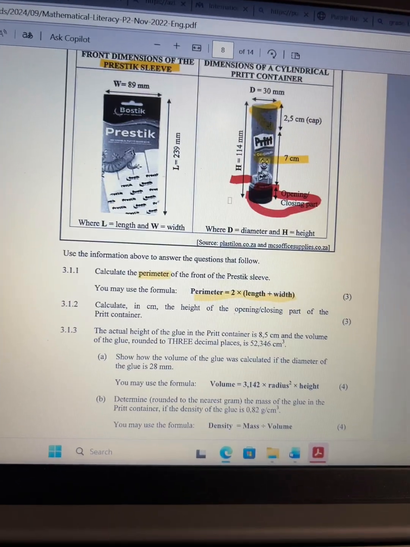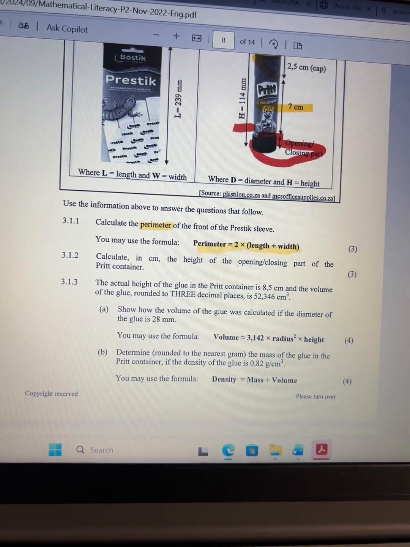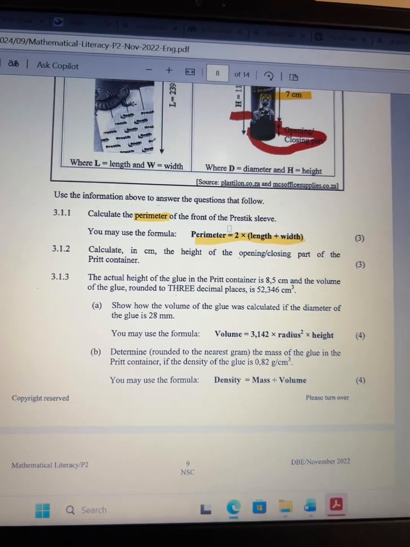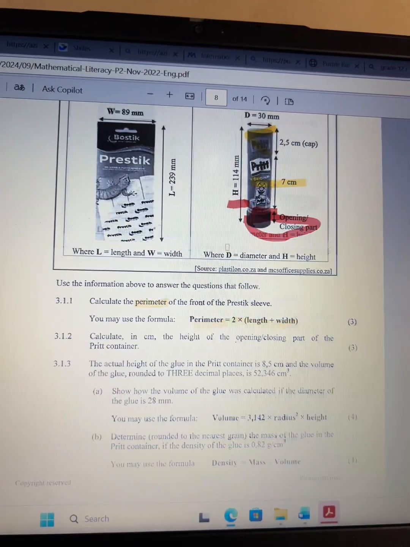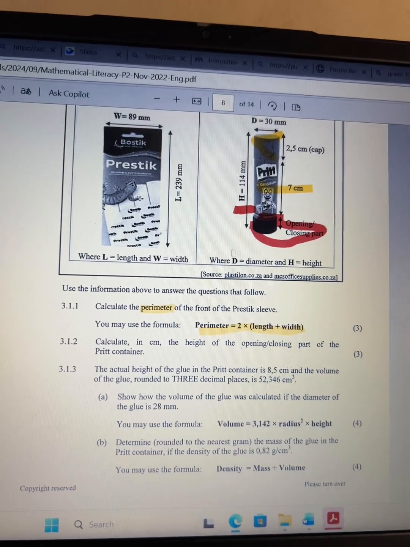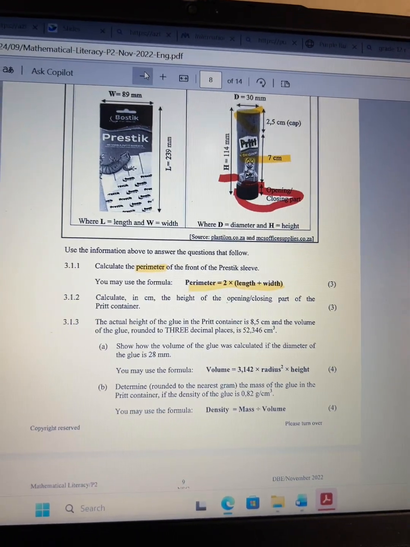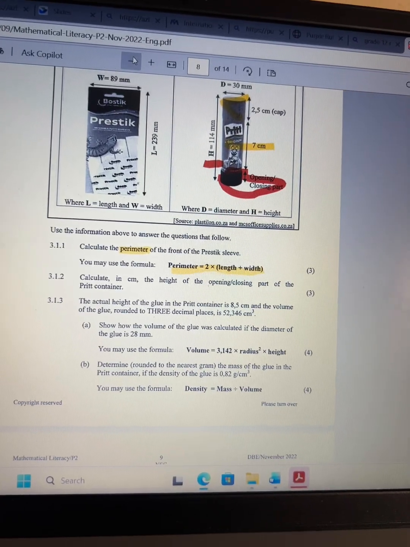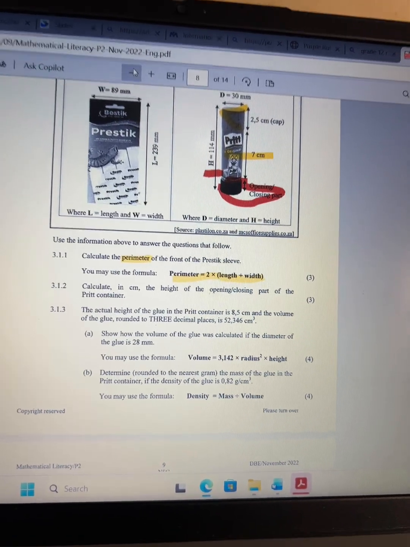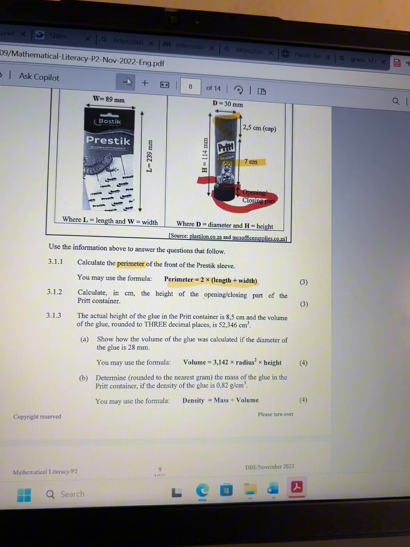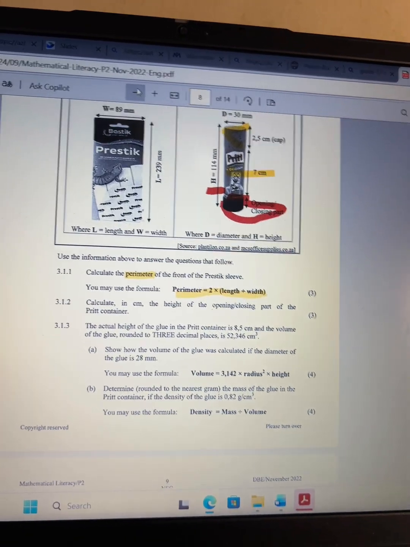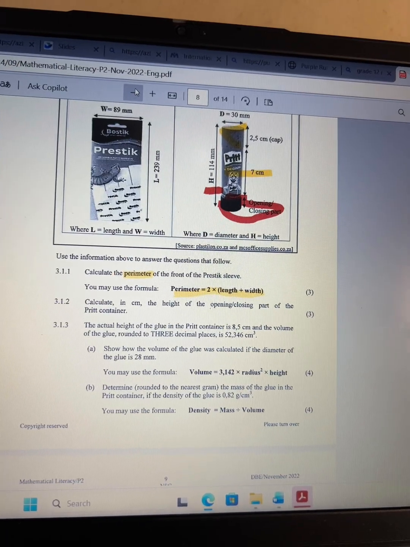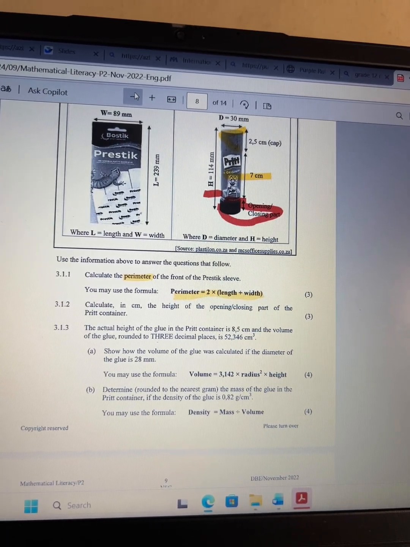And then now we are going to proceed to question 3.1.3. In 3.1.3, they stated that the actual height of the glue in the print container is 8.5 centimeter, and the volume of the glue rounded to 3 decimal places is 52,346 centimeter cube.